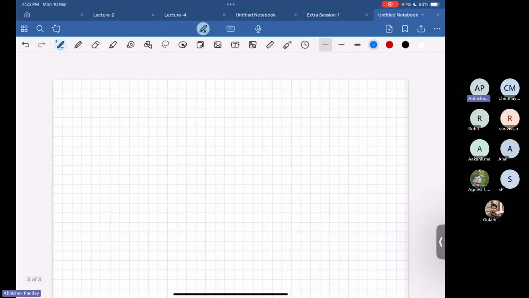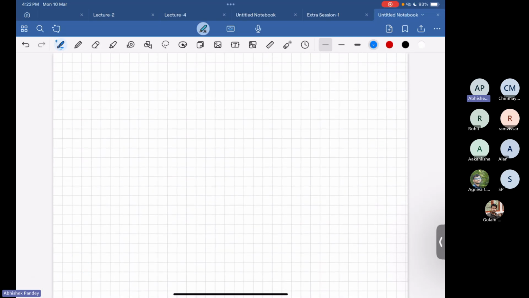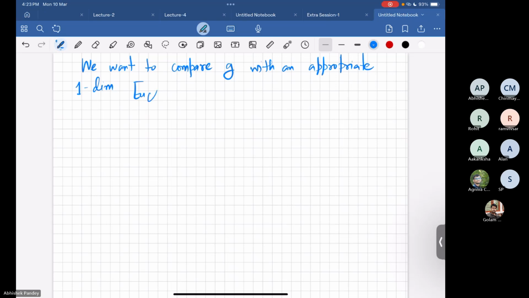So our aim is to compare g with an appropriate one-dimensional Euclidean distance function.